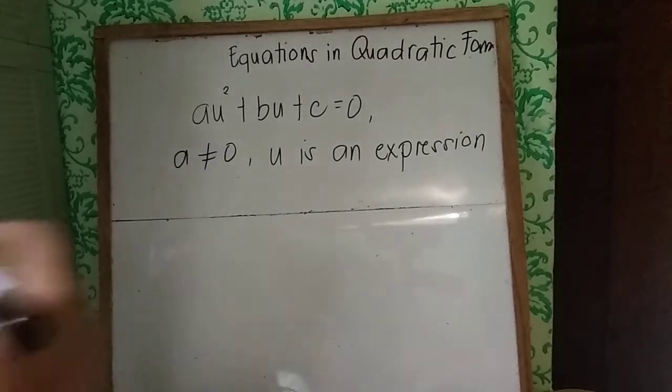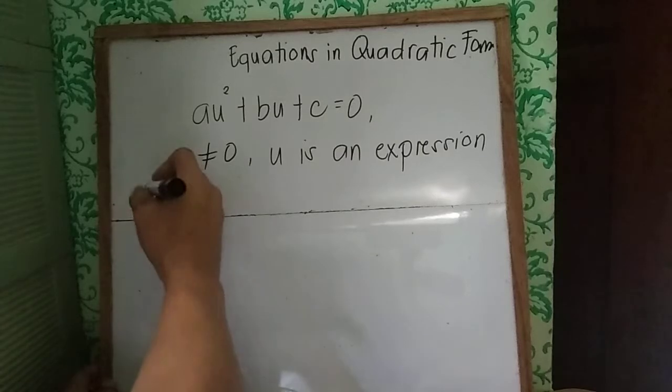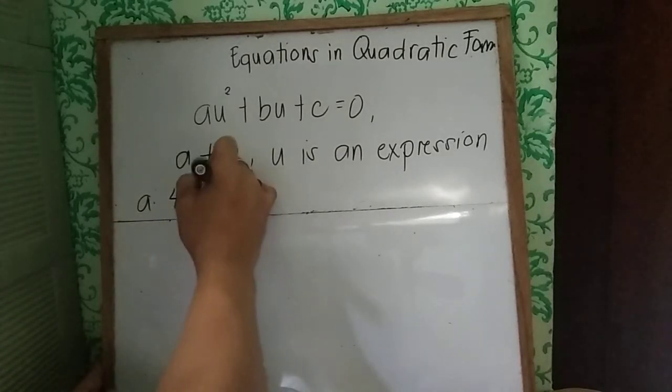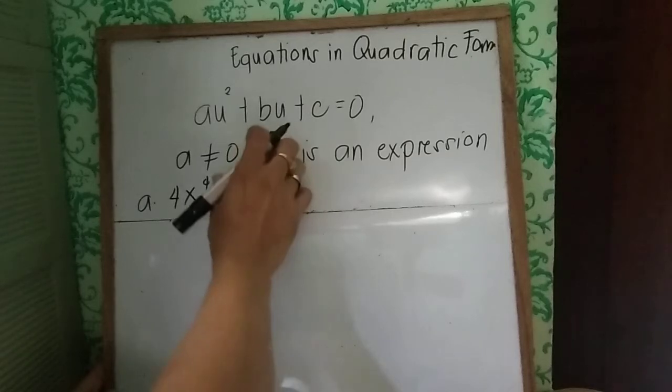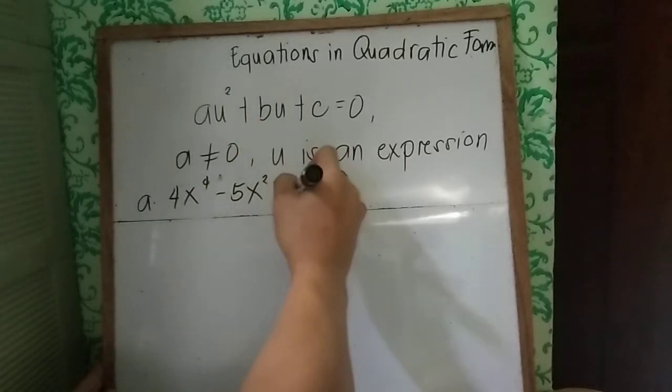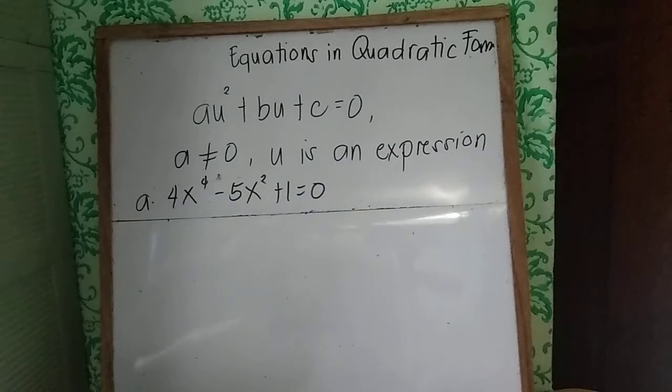So given this example, 4x raised to the power of 4 minus 5x squared plus 1 is equal to 0.